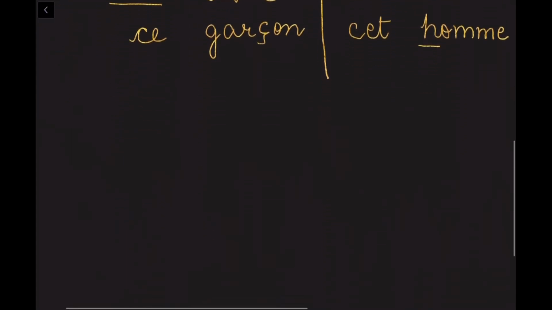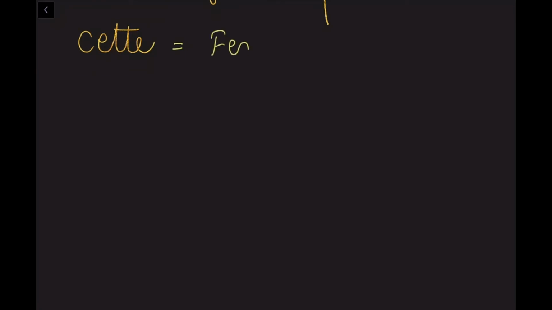Okay, now let us take the other two. That was C-E-double-T-E, again pronounced as cette. Here, this is used for feminine singular nouns.